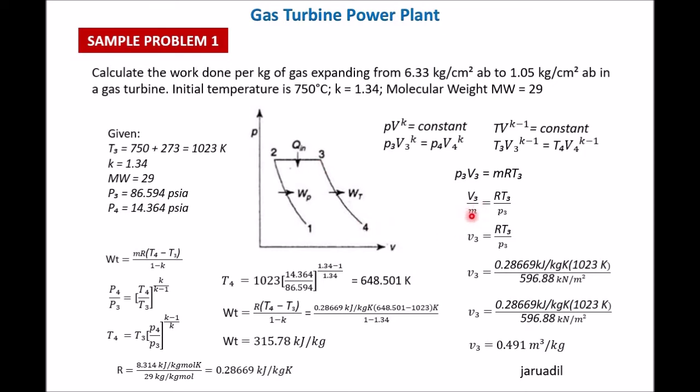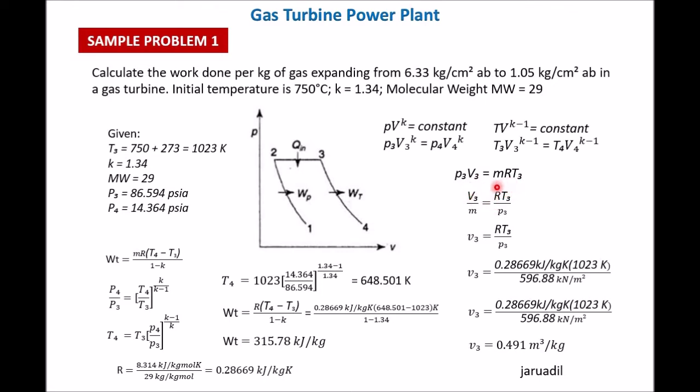So, no need for the subscript. So, V3 over M is equal to the specific volume at 3. The volume at 3 divided by M is equal to the specific volume of 3. So, pag sinabi natin specific, the unit is cubic meter per kilogram or cubic foot per pound. Specific, may per siya. Samantalang itong V, cubic foot lang siya or cubic meter.